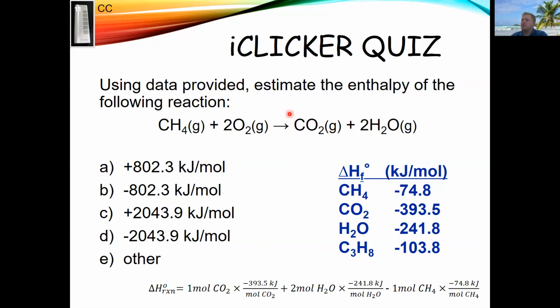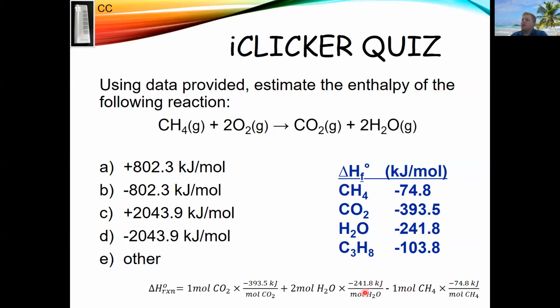So for CO2, we've got a 1 in front of CO2. So that's 1 mole of CO2 times the delta H of formation for CO2, which is negative 139.5. We have the delta H of formation of water, we have the coefficient for water, which is 2, multiplied by the delta H of formation, which is negative 241.8.